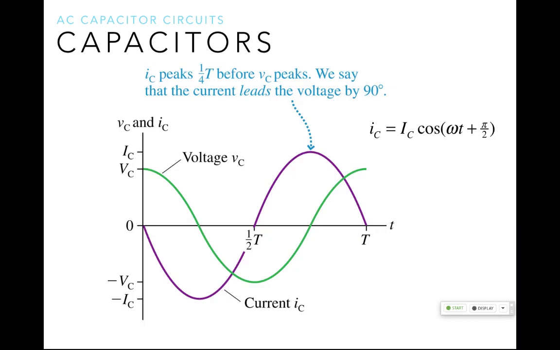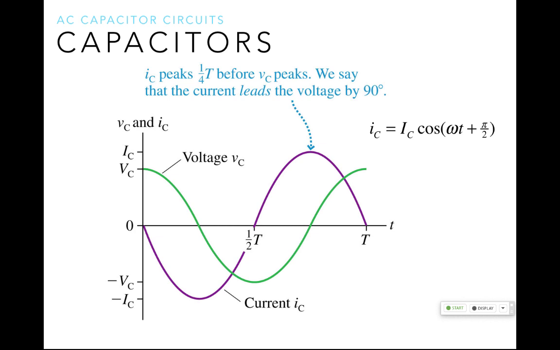Now, looking at this, can you tell just visually that these are out of phase by pi over 2? No. I mean, kind of. This one looks like a cosine. This one looks like a negative sine. If you knew that identity, you could kind of guess that they're out of phase by pi over 2. And pi over 2 is what in degrees? 90. Okay, so they're out of phase by about 90 degrees.